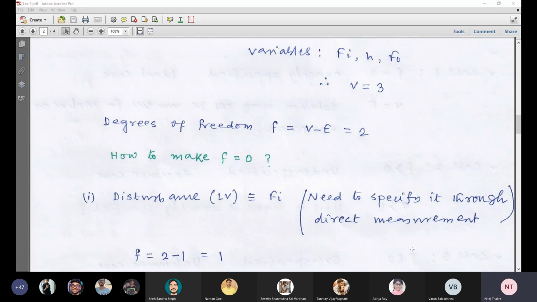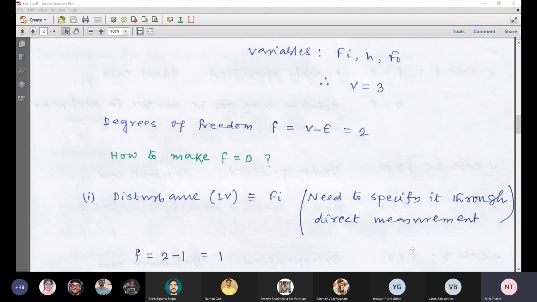H is our control variable. We can equate it to H_SP, and then it will become 0. You can correlate Fo and H. Yes, what's your number? 19CH30029. Yes, we can correlate the controlled variable and the manipulated variable.